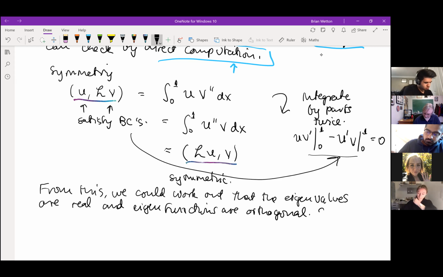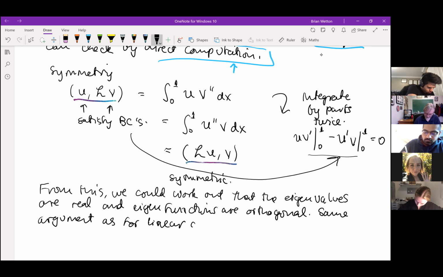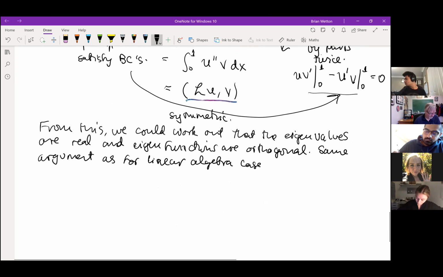It's the same argument as for the linear algebra case, but let's see it, okay?